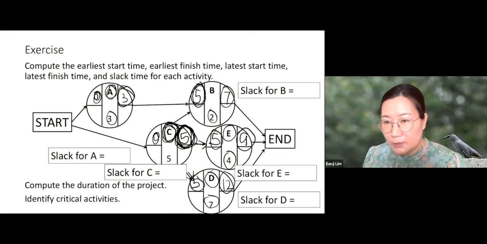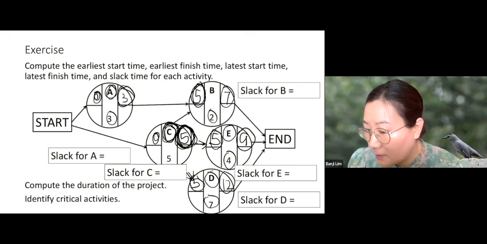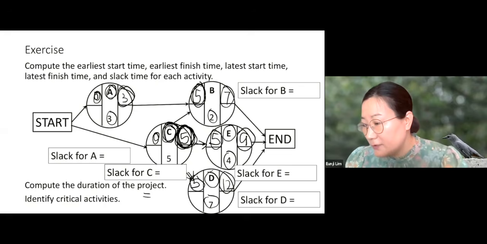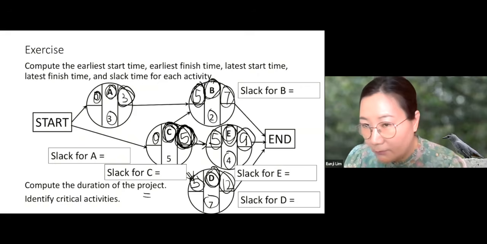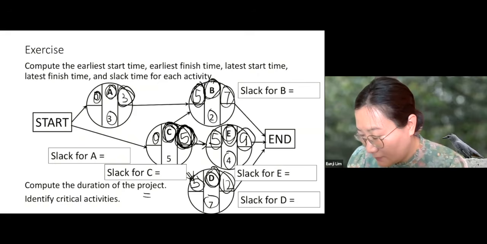And at this point, we can compute the duration of the entire project. What's the duration of the entire project? Let's look at the last activities. We have 3 last activities, B, E, and D. Once these are completed, we can finish this project.